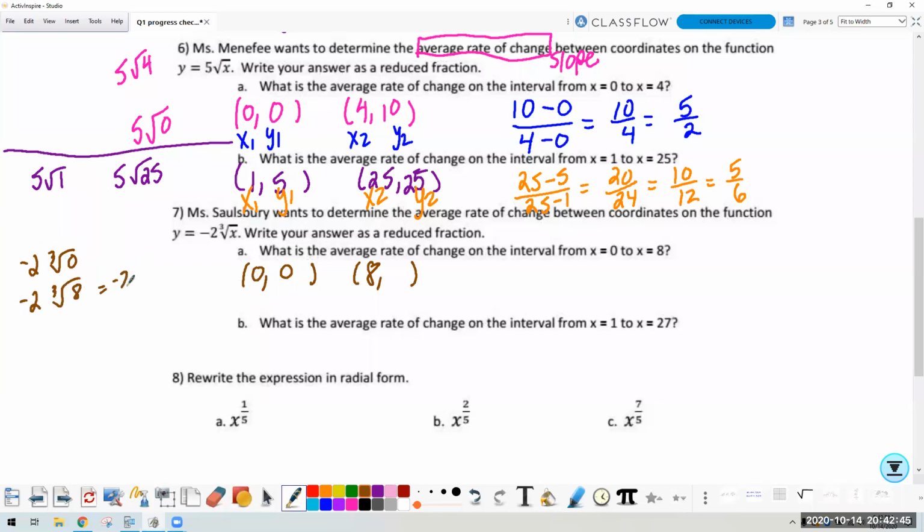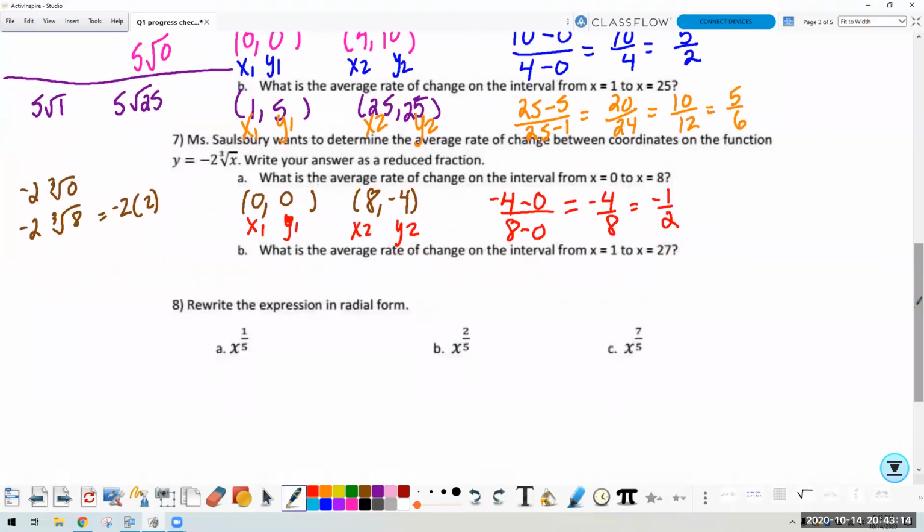Negative 2 cube root of 8 is negative 2 times 2, so that's negative 4. All right, x1, y1, x2, y2. Our slope is negative 4 minus 0 over 8 minus 0. Reduce that fraction, and we have a negative 1/2 slope, or average rate of change.